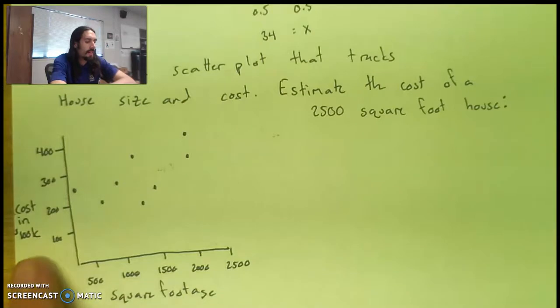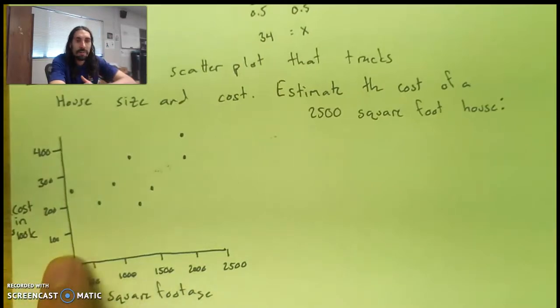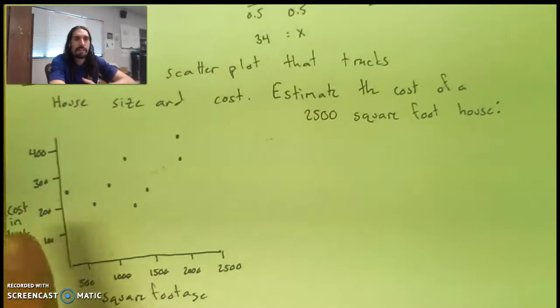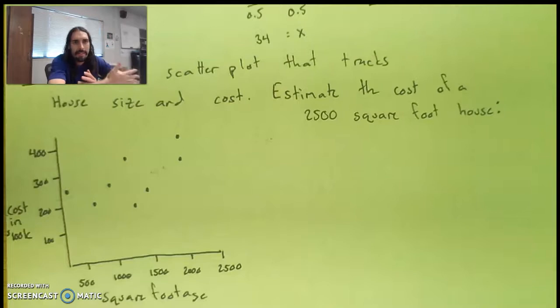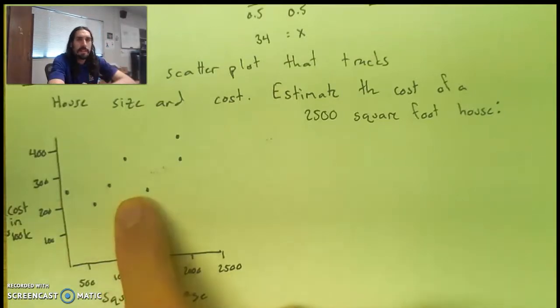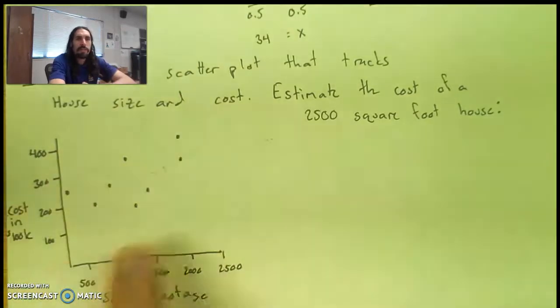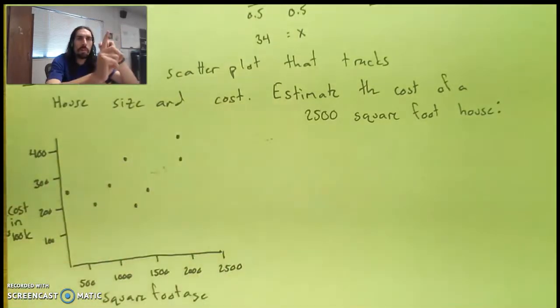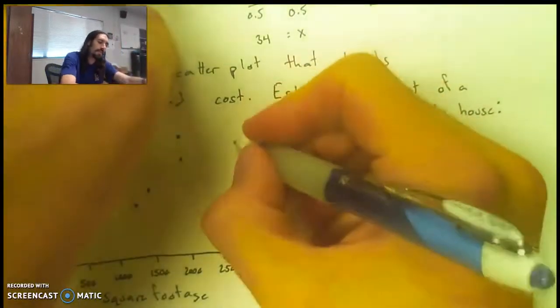And then it says cost in 100K. So obviously the 100 right here is not $100. It would be $100,000 and 200,000 and so on. Again, I just kind of made up these numbers. When we're dealing with a scatter plot, we need to take all of these points and come up with one line. The way we do that is we draw what's called the best fit line.